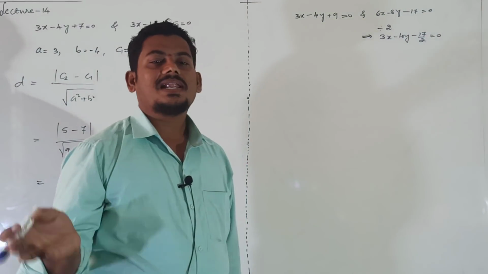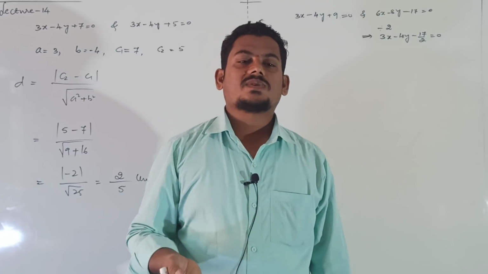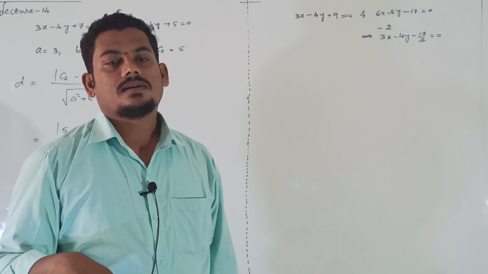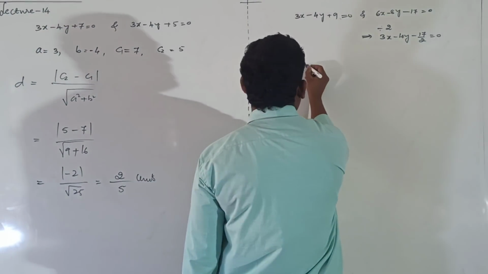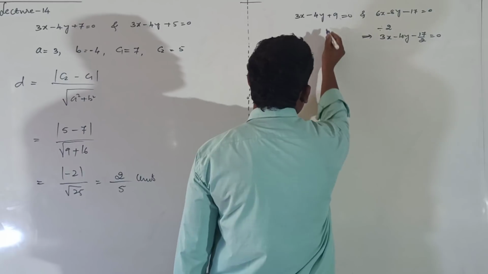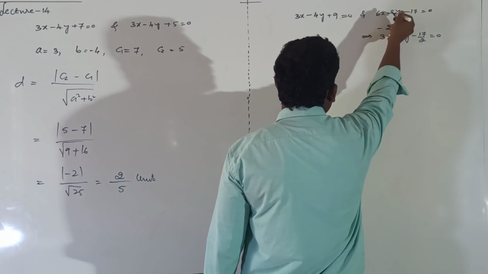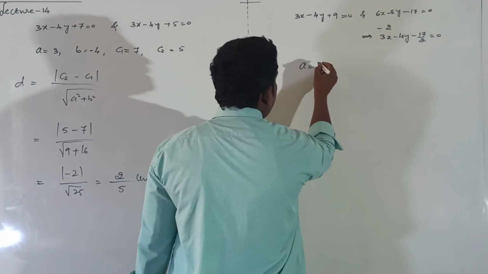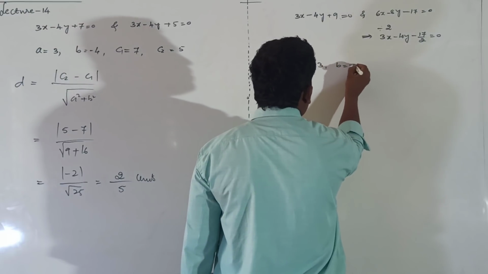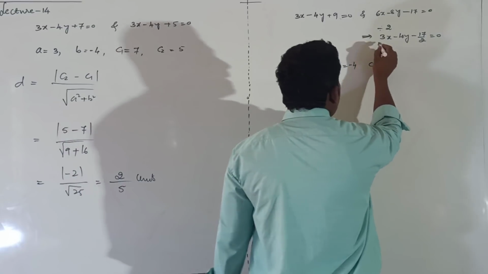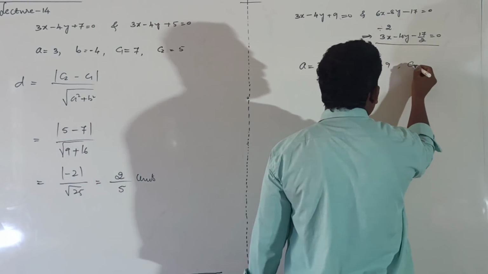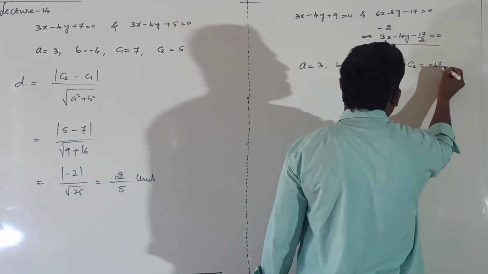If two lines are parallel, then corresponding x coefficients are equal, but they differ in the constant term, right? Now write what is a, what is the a value in both the equations. A value 3, b value minus 4 and c1 equal to 9. Take this line, what is C2 here, minus 17 divided by 2.